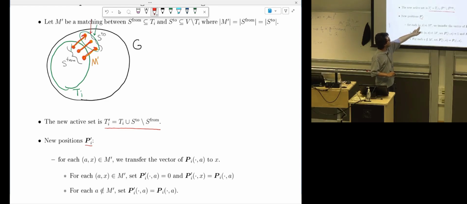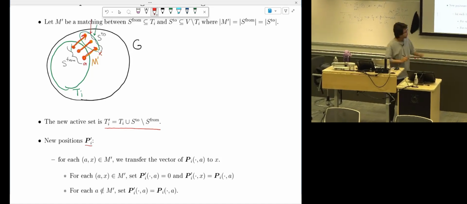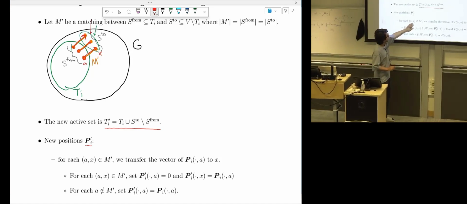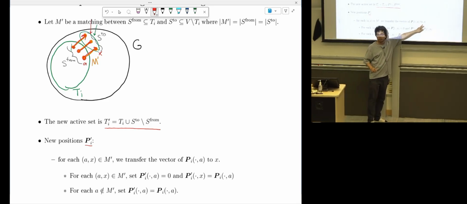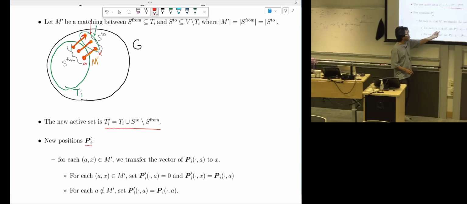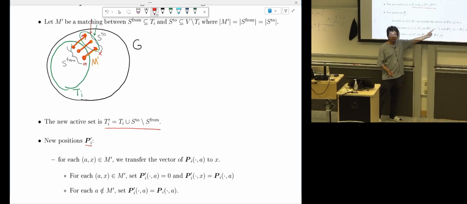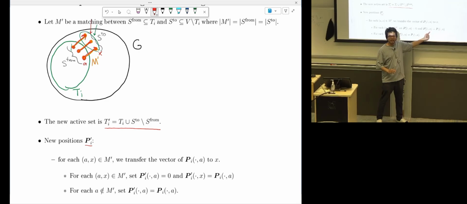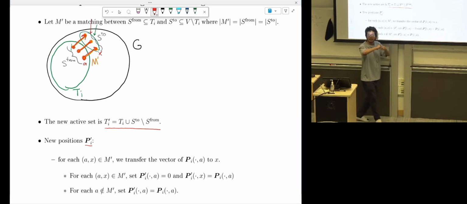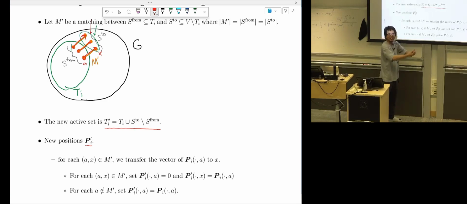For each matching from A to X, what we do is just transfer the vector at A to X. So what happened is Pi prime of A, the position of A, is now just the empty, zero vector, and I just move it to the one at X. I really just move the vector of A to X.